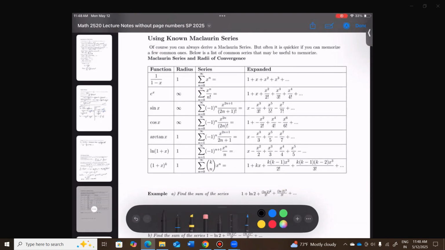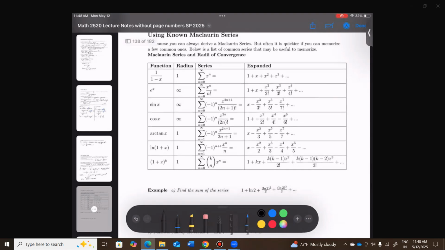So 1 over 1 minus x, radius is 1, and your series expanded out looks like 1 plus x plus x squared plus x cubed and so forth. e to the x, radius is infinity, and your series expanded out would be 1 plus x plus x squared over 2 factorial plus x cubed over 3 factorial plus x to the 4th over 4 factorial and so on.